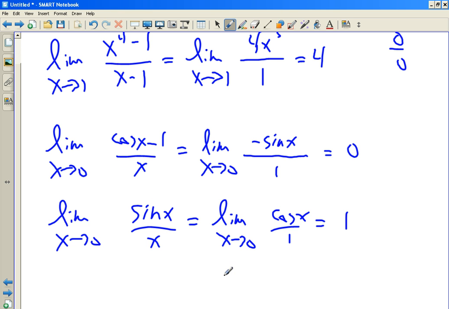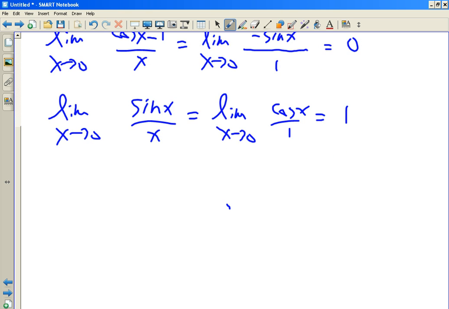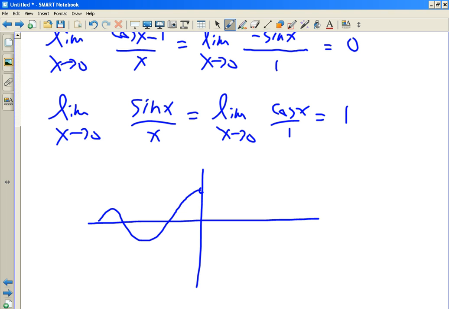Well, if you graph sine x over x, it's doing sine wave stuff, but then it does weird things near 0. It's got an open circle there. Okay, stuff like that.